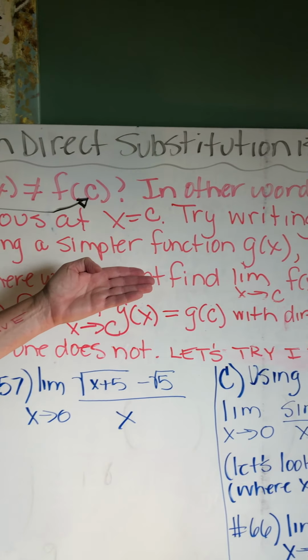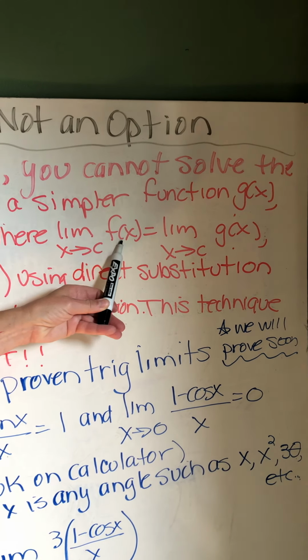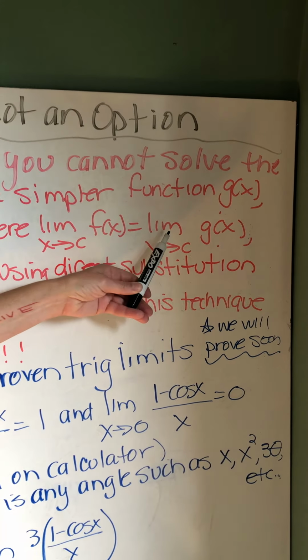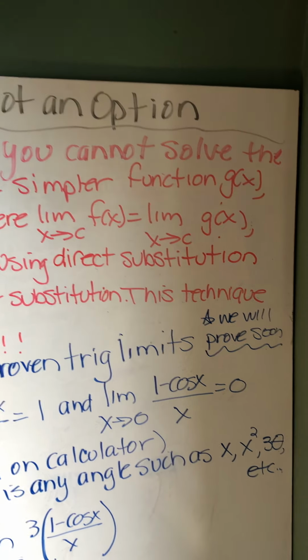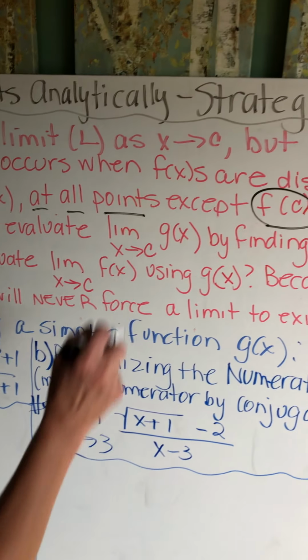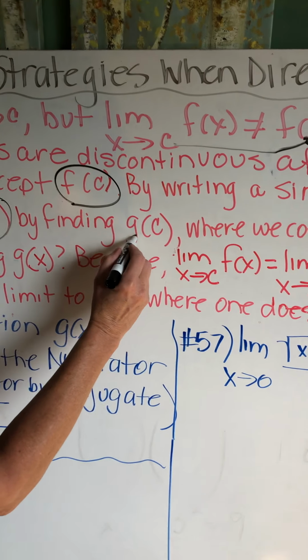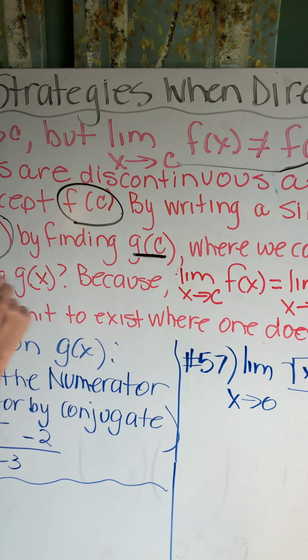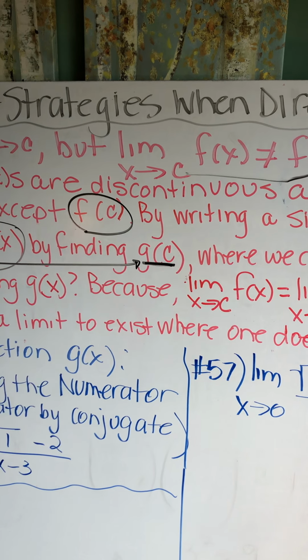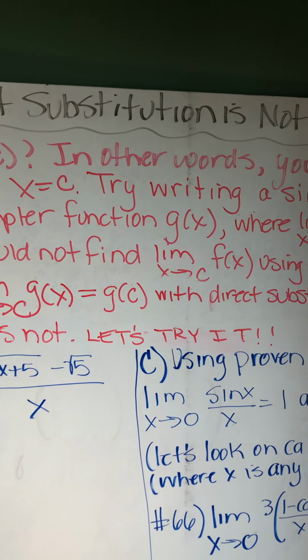By writing a simpler function g of x, where the limit as x approaches c of f of x does equal the limit as x approaches c of g of x, so they have the same limit, we can use direct substitution to evaluate the limit with our new simpler function by finding g of c. Again, by using direct substitution, where we could not find the limit of the original function using direct substitution.